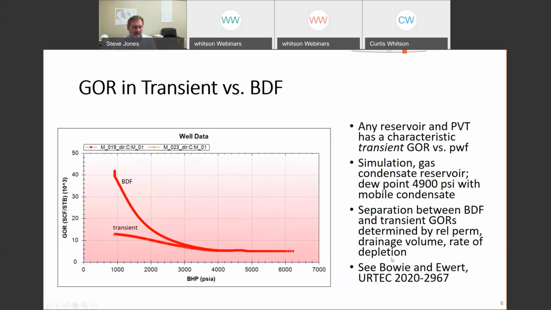And I'd call your attention to the Bowie and Ewert paper. As Matthias mentioned, Braden Bowie's paper refers to this difference between transient and boundary dominated flow behavior. And it's very useful and diagnostic when you're trying to tease out what is the drainage volume that your infill well is seeing.